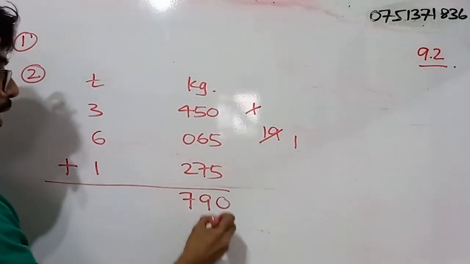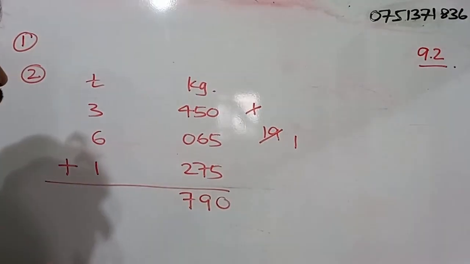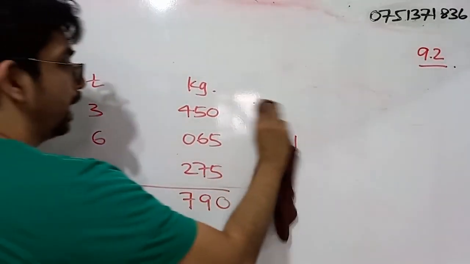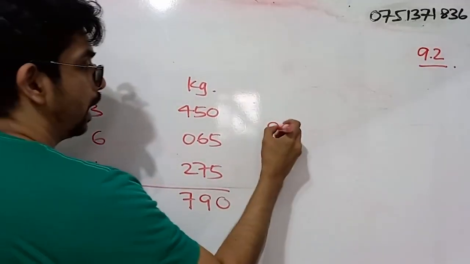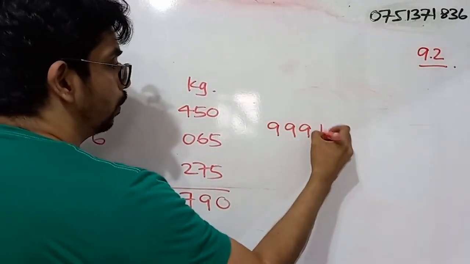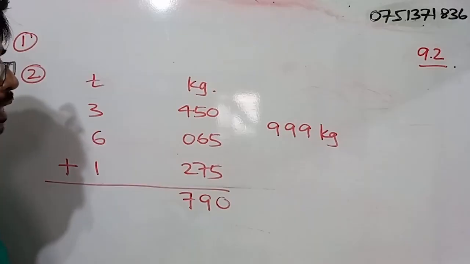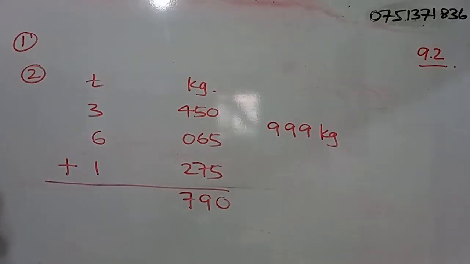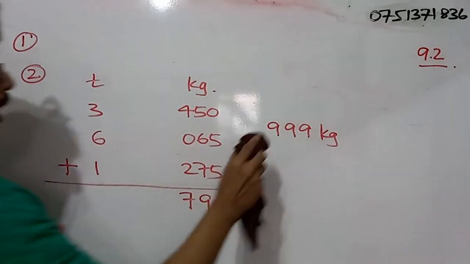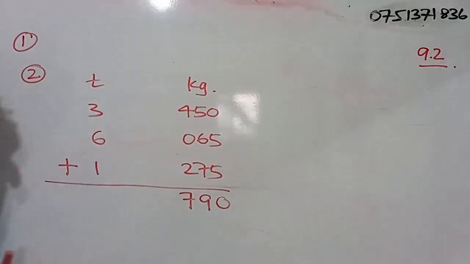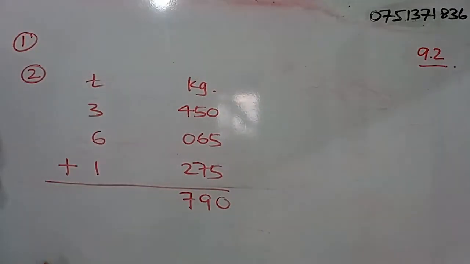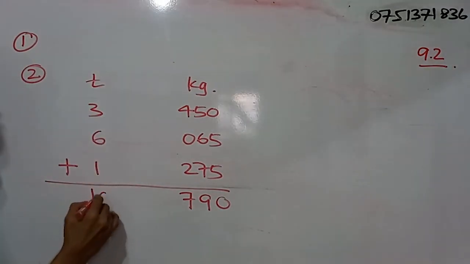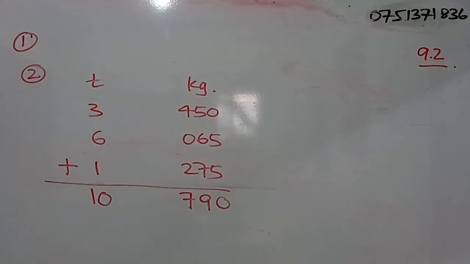So 790 we can write under the kilograms column. Why? It is less than 999 kilograms. Okay. So then we come to the tons section. So 3 plus 6, that is 9. 9 plus 1, that is 10. So here the answer is 10 tons and 790 kilograms.